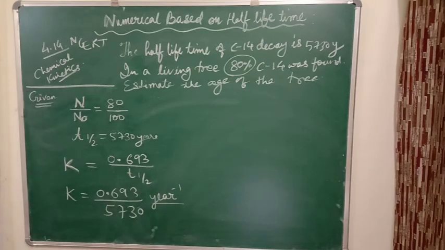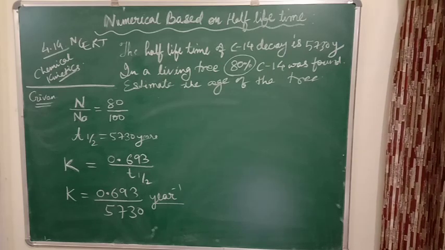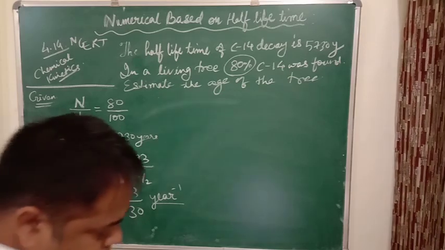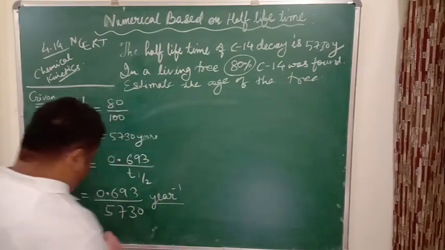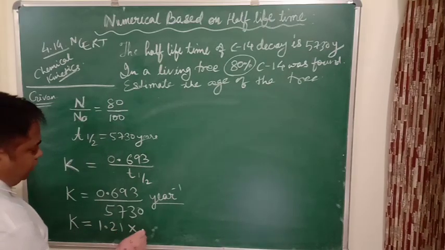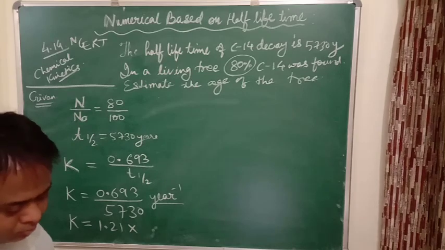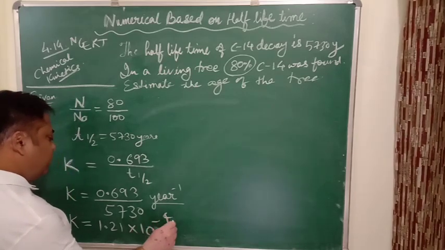This value we can calculate, and it will come out to be 1.21 × 10^-4 per year.